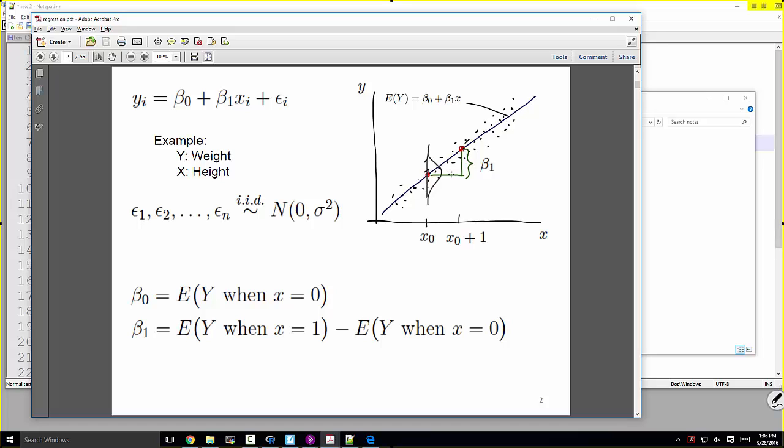This curve is bell-shaped because of the normality of the epsilons. It has a variance equal to sigma squared, and because sigma squared does not depend on x, if we were to move x0 up and down this line, we would see this exact same curve sliding up and down the line because of the constant variance.